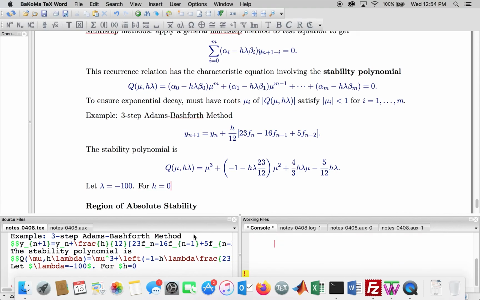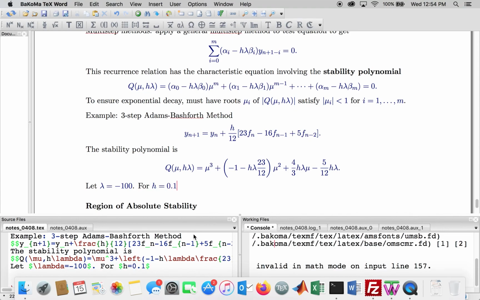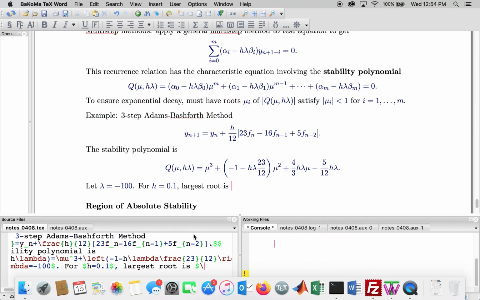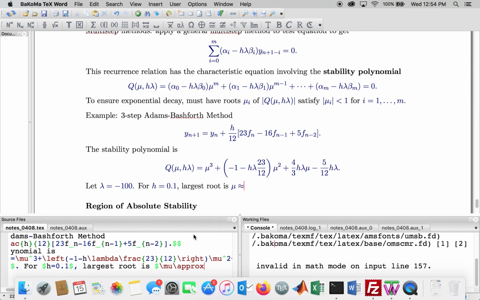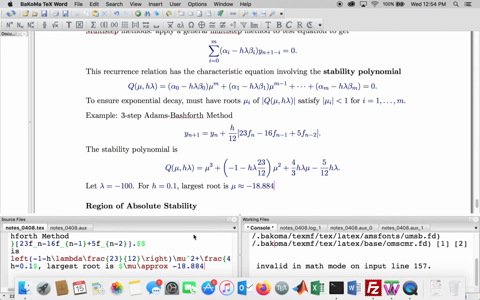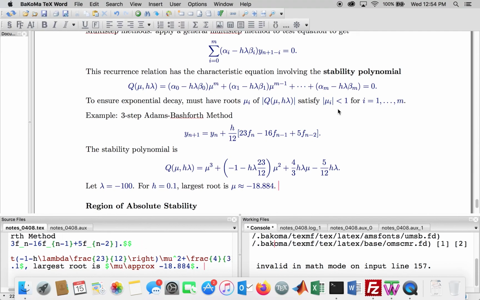If I choose, say, h equals 0.1, the largest root that we have is roughly minus 18. So it's way out of bounds. We need the roots to be less than 1 in magnitude. So h equals 0.1 is too large.